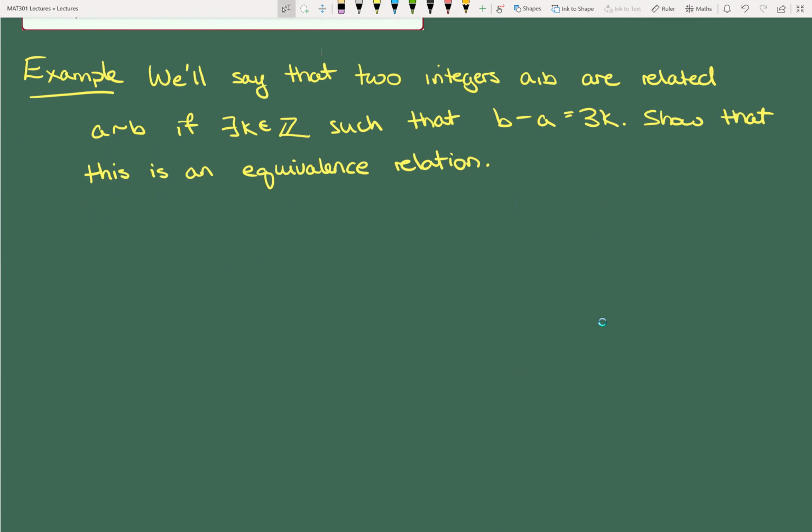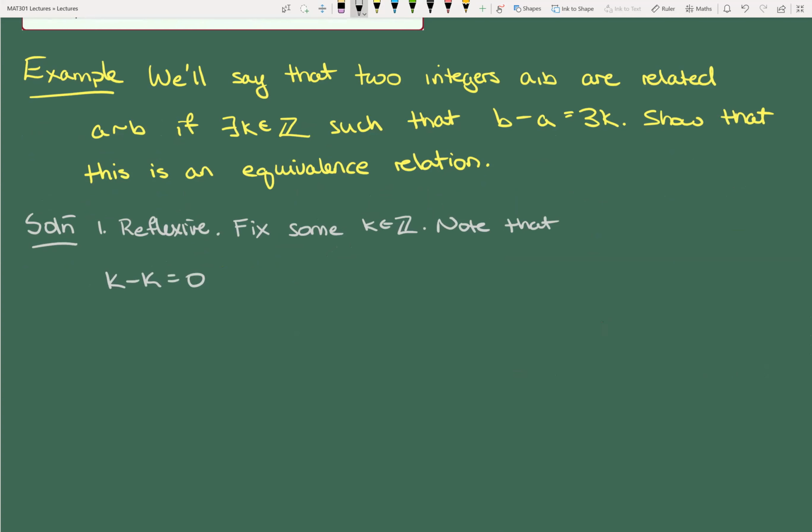All right, so solution. First thing, reflexive. Let's fix some k in Z. Note that k minus k is equal to 0, which is certainly 3 times 0.